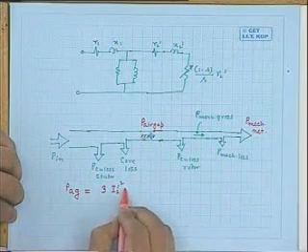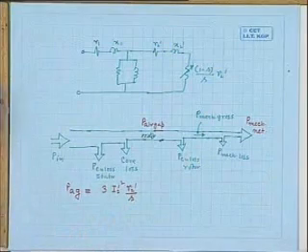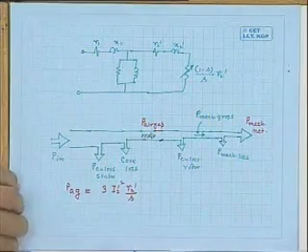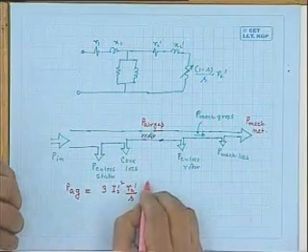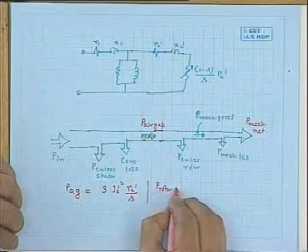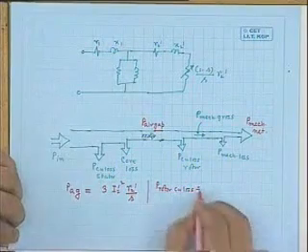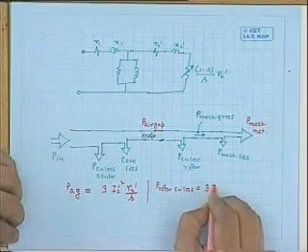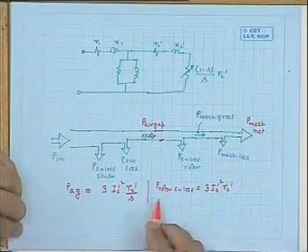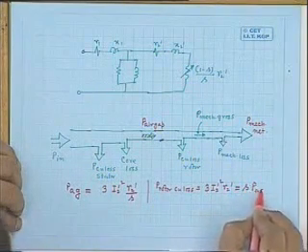I will write PAG. This is P air gap. It is 3 I2 dash squared R2 dashed by S. P rotor copper loss is how much? 3 I2 dash squared R2 dashed.